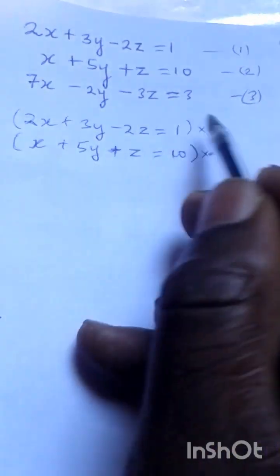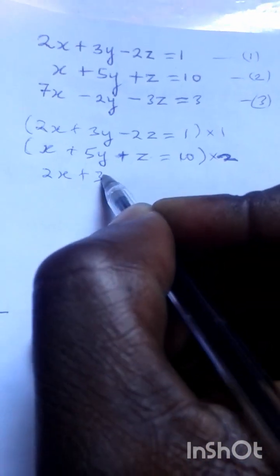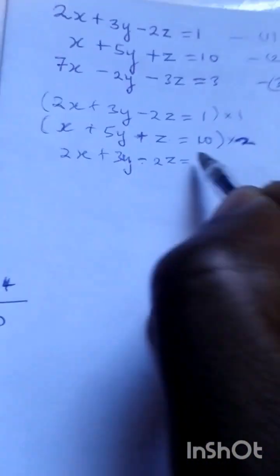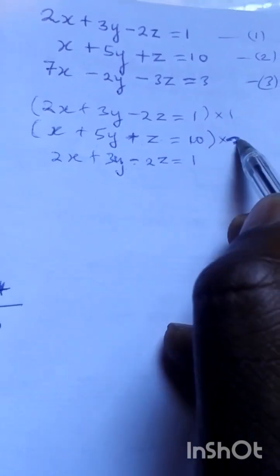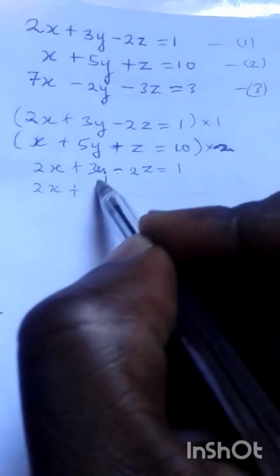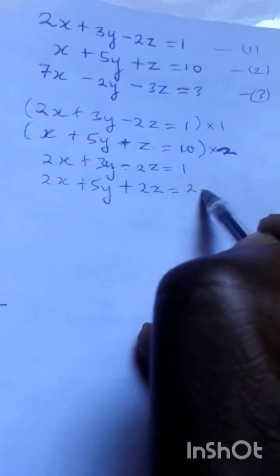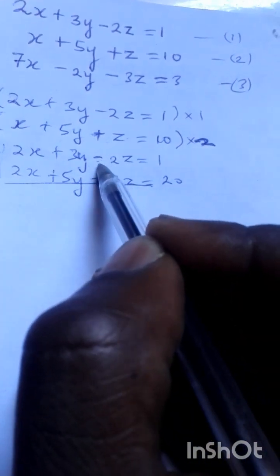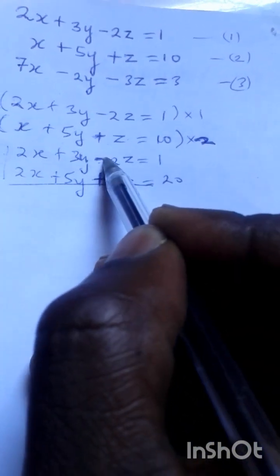So the first one is just going to be the way it is, which is 2x plus 3y minus 2z, which is equal to 1. And then the second one, 2 by x is 2x, plus 2 by 5 is 10y, 2 by z is going to be a 2z, and this is going to be a 20. And so right now all we have to do is add, since the signs here are different.